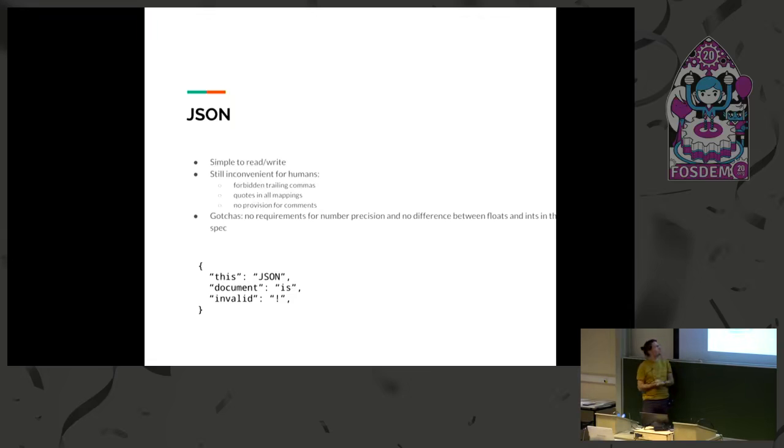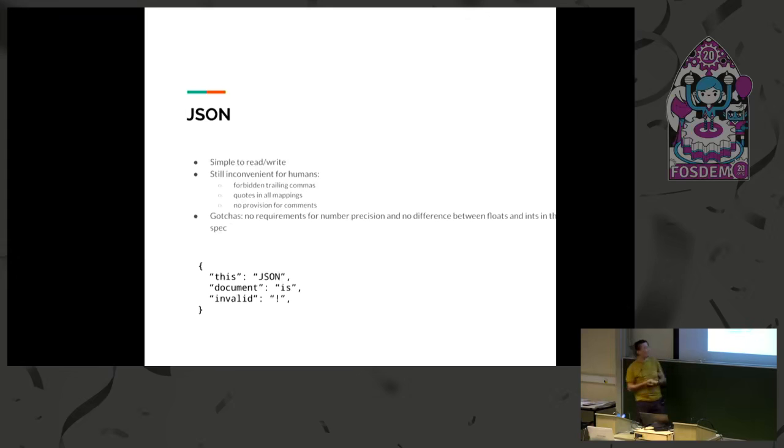There is a specification for that, but it has, again, some shortcomings, such as, this document is invalid because you're not allowed to have a comma at this place, and if you have some experience writing this kind of document, you know that having this comma is handy because when you add a new entry, you don't have to add it there. Anyway, it's handy. Strict JSON does not allow it, though some implementations can be more permissive. There's no provision to write comments. I'm sure there are other problems.